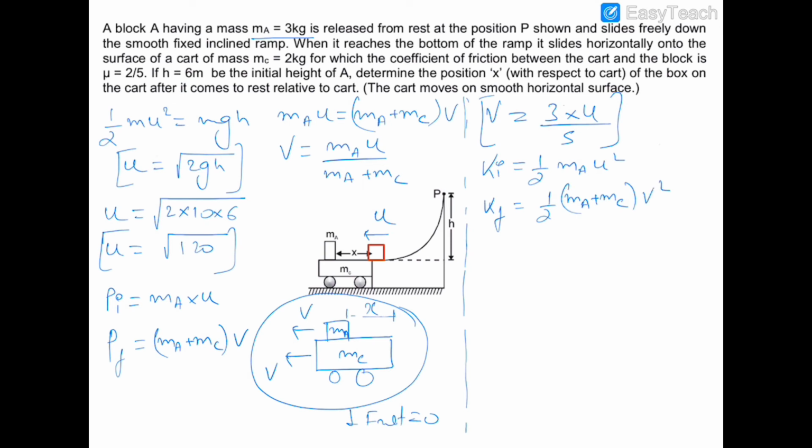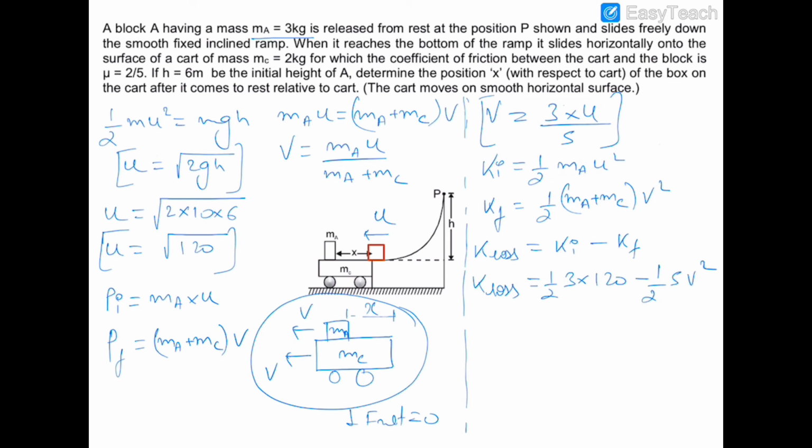Obviously there would be some loss of kinetic energy because some work is done against friction. Therefore the loss of kinetic energy will be K initial minus K final, which is half into 3 into 120 minus half into 5 into v square.